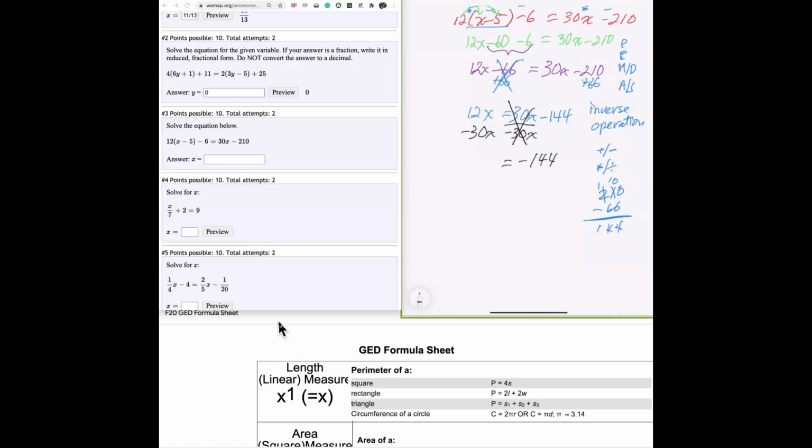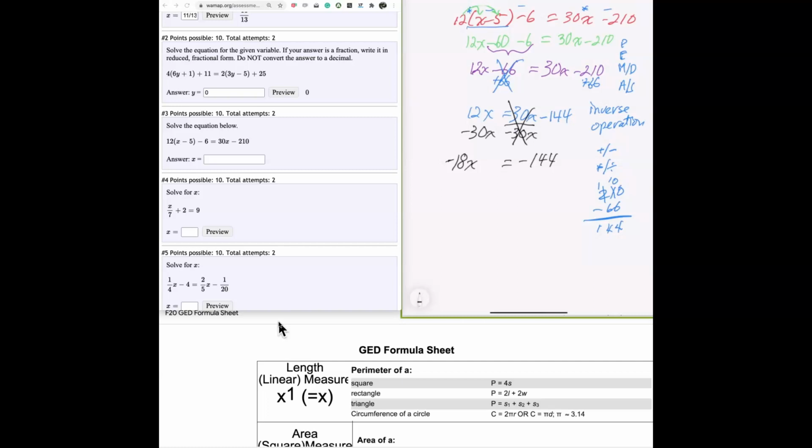And 12x minus 30x, we've got different signs. That's positive 12, negative 30. So we're going to take the difference between those two numbers, and that's 18. 30 minus 12 is 18. And the larger number, 30, has a negative sign, so we're going to keep that sign. Negative 18x, that's equal to negative 144.